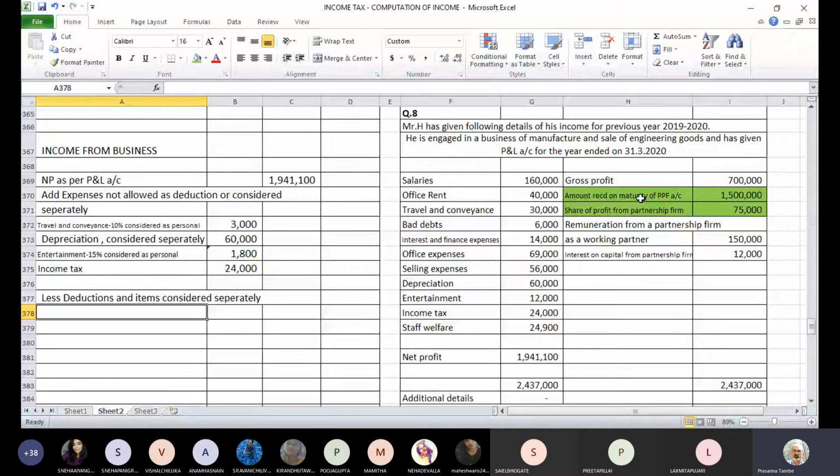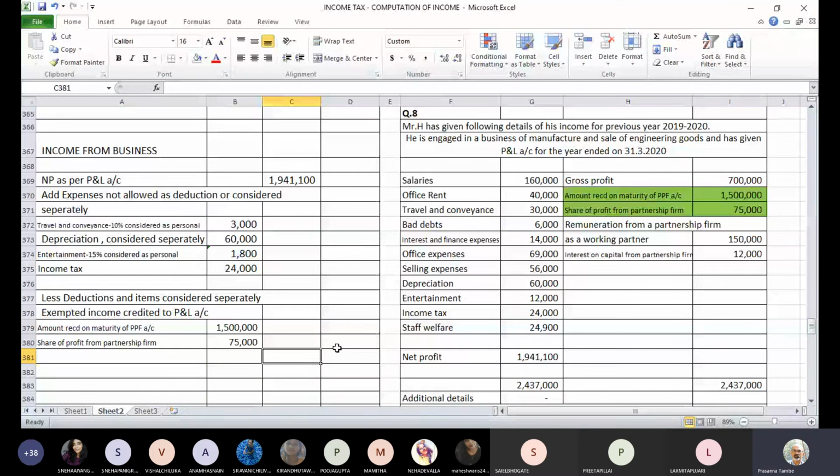So we can say here, exempted income credited to profit and loss account. What are the two amounts?